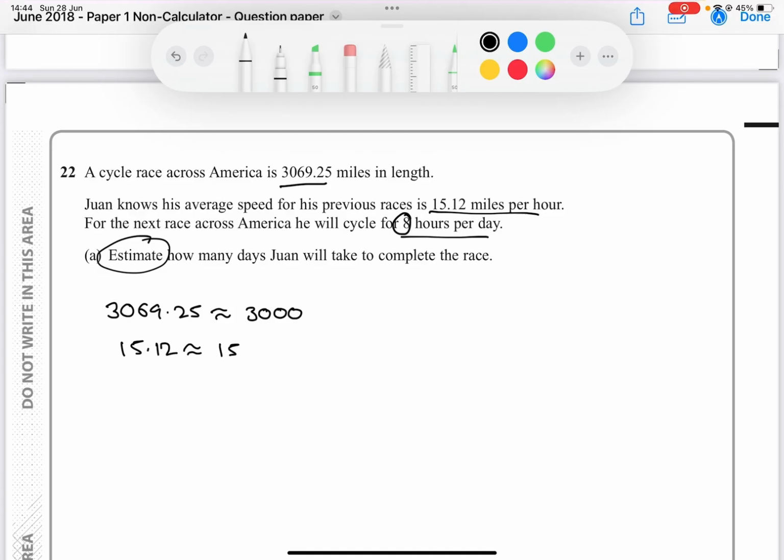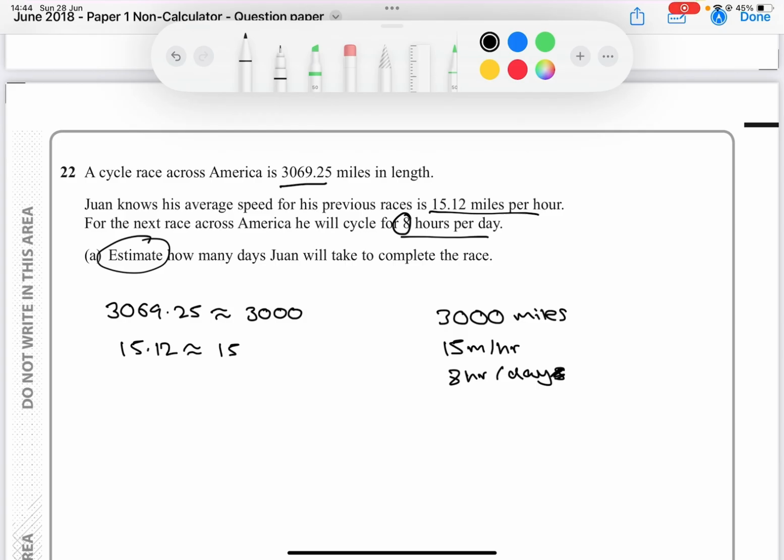Alright. Now, let's rewrite this, okay? So his race is now 3,000 miles. On average, his average speed is 15 miles per hour, okay? And obviously he cycles 8 hours per day.